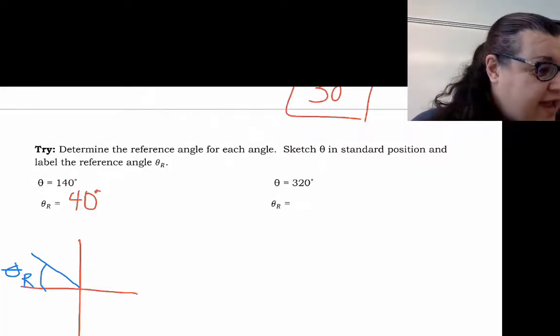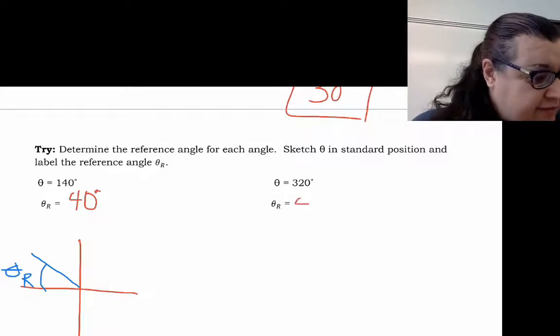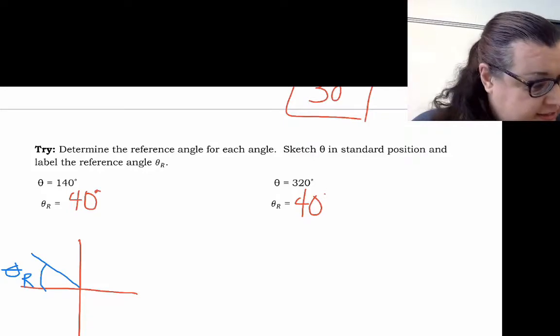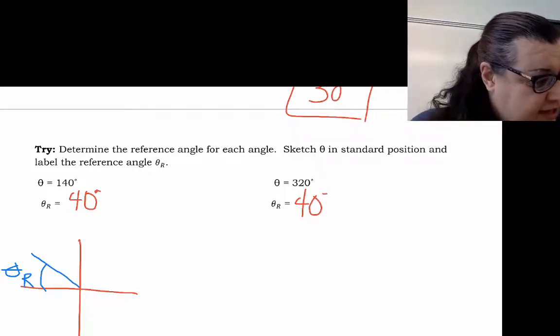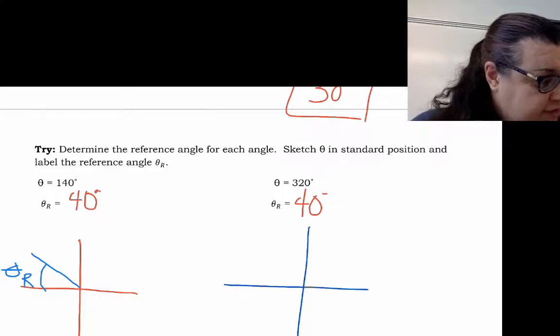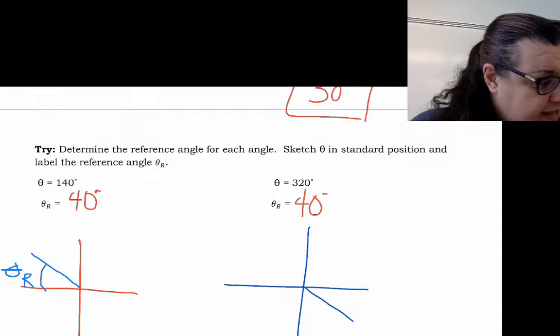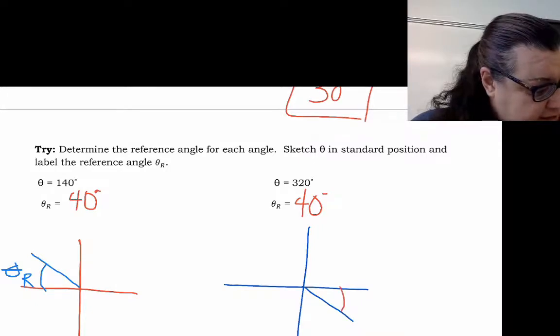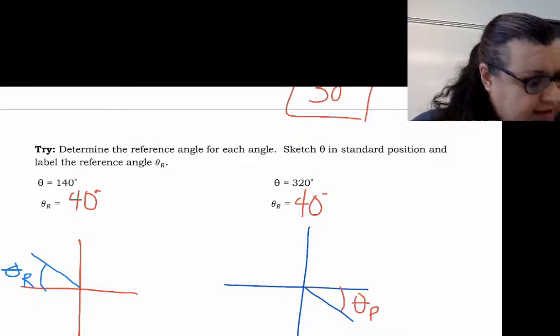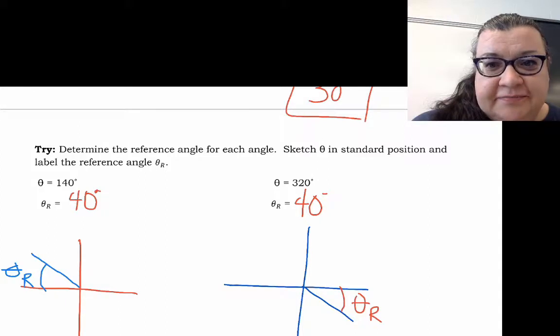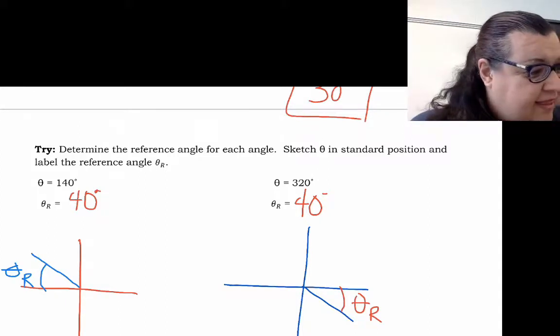If your angle is 320, again, your reference angle should be 40 degrees, which, if we're sketching that out, should be something like that, where this again is your reference angle. Okay? Lovely.